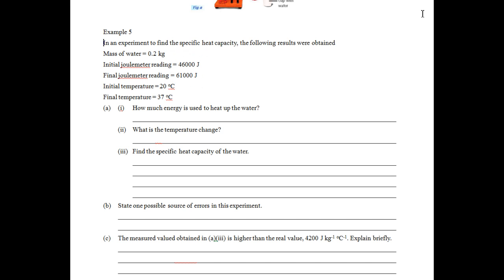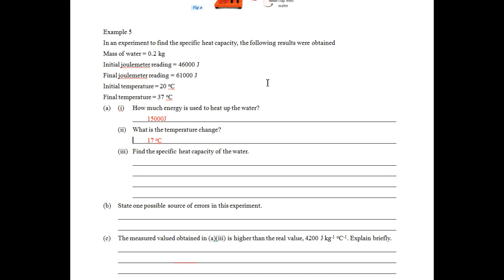That means we just find the difference of 61,000 and 46,000, which equals 15,000 J. A2, what is the temperature change? We can find the reading shown on the thermometer. The difference between the final temperature and the initial temperature is the answer, and it equals 17 degrees Celsius.